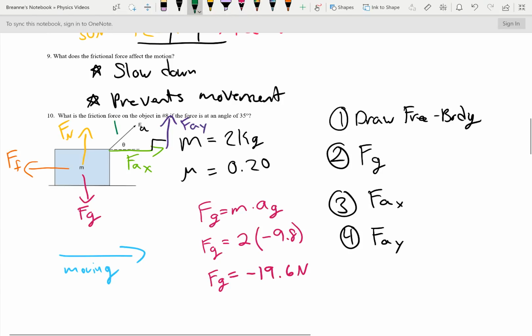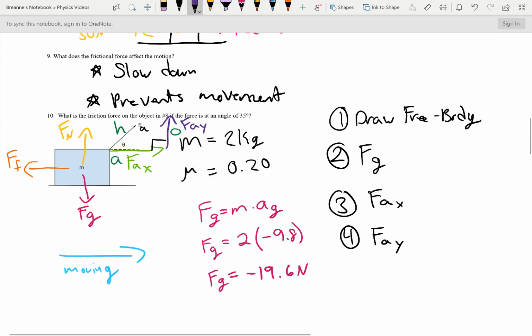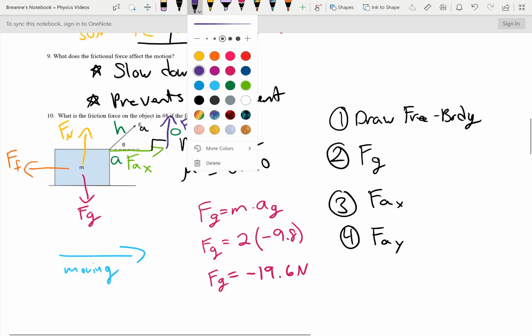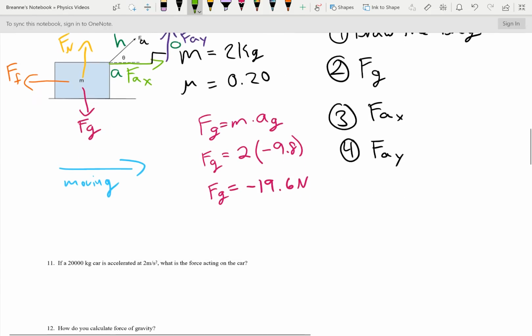That makes a 90-degree triangle. So this is our hypotenuse. If our angle is here, this becomes our opposite. This becomes our adjacent. So if we're looking for our F of x, it's adjacent, so we're going to end up using our cosine.